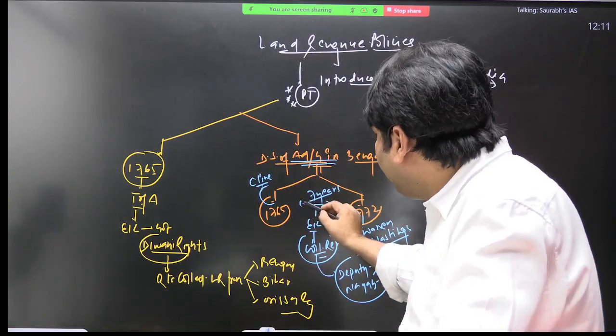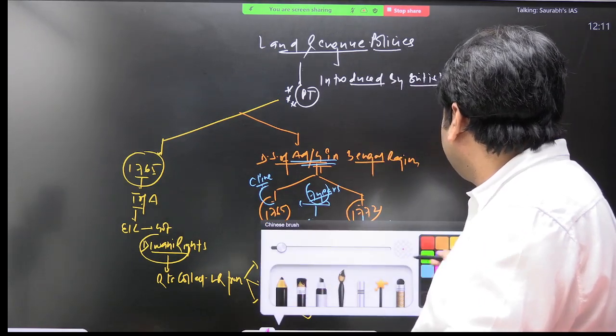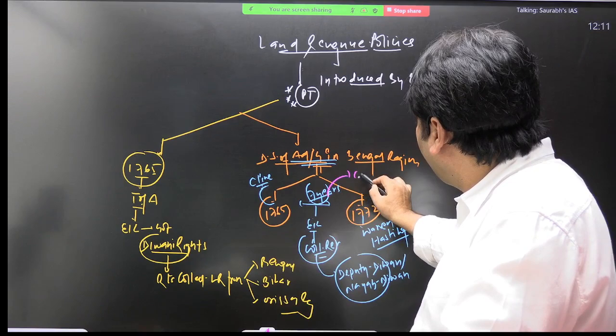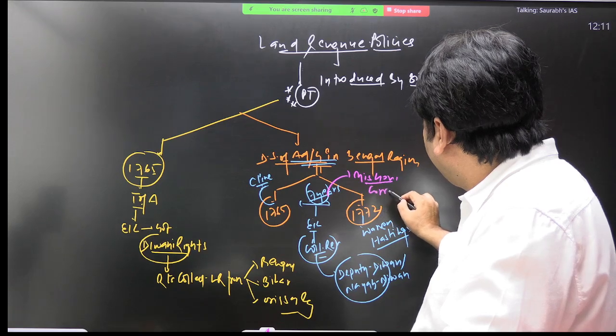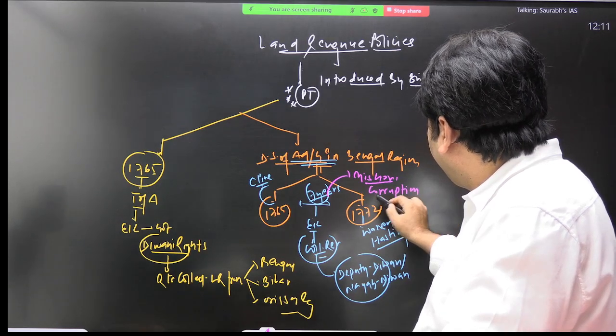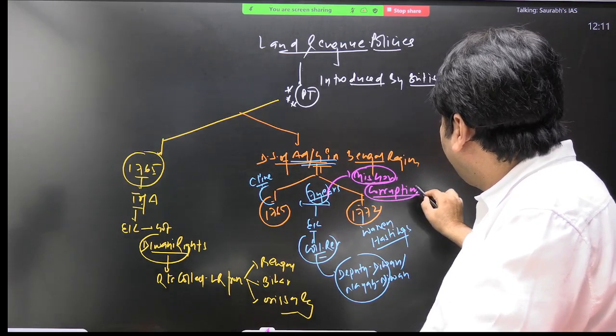So this entire phase of 7 years is known for misgovernance. It is known for corruption.